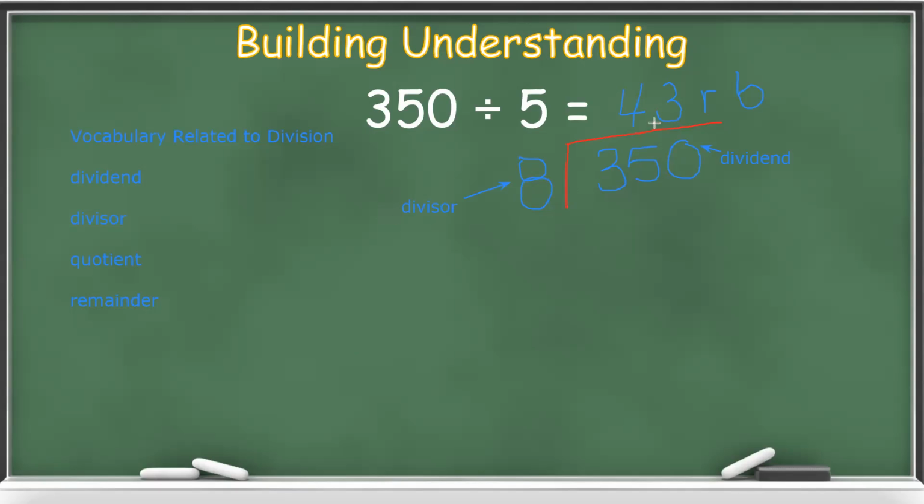The number on top of the house is my quotient. And the number to the right outside of the house is my remainder.